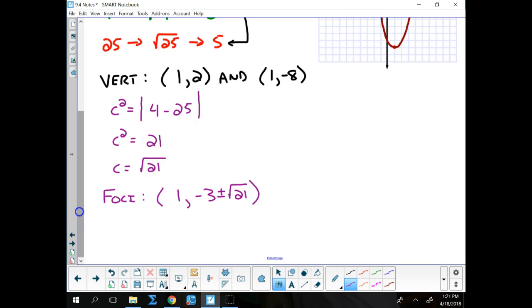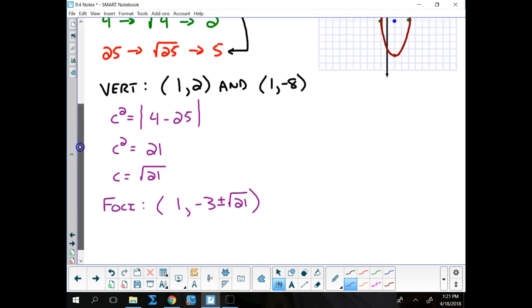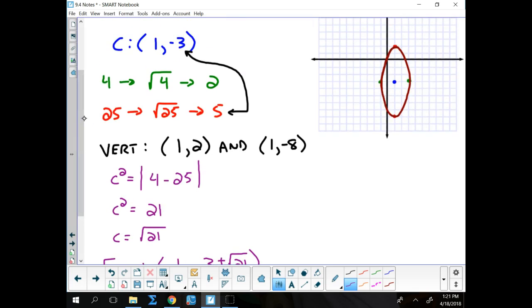If our major axis was horizontal, then we'd add it to the x. Okay? But because it's vertical, we're adding and subtracting it to the y. Okay? Another way of checking that out is, okay, square root of 21 is roughly what, 4.5-ish, right? So if I add 4.5 to this, I'm like kind of right in there, which is outside of my ellipse.